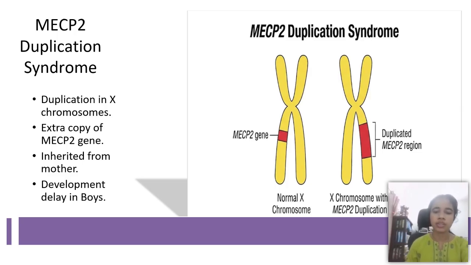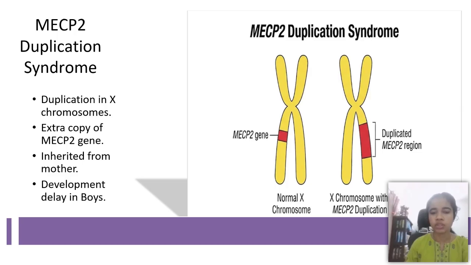Sometimes the X chromosome forms extra loops or misaligns with its pair. When such an error happens, the cell will try to repair it, and while repairing, it mistakenly adds an extra copy instead of keeping just one.